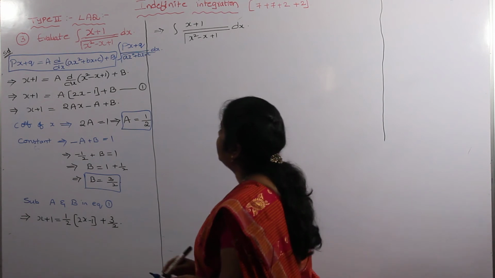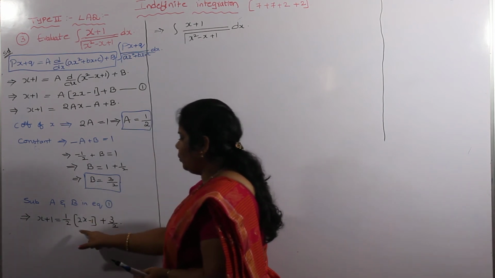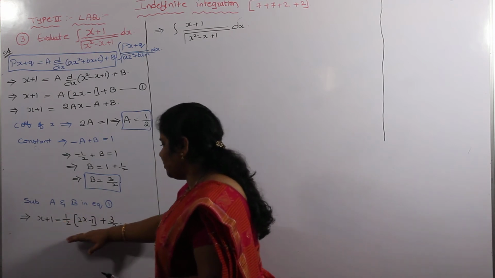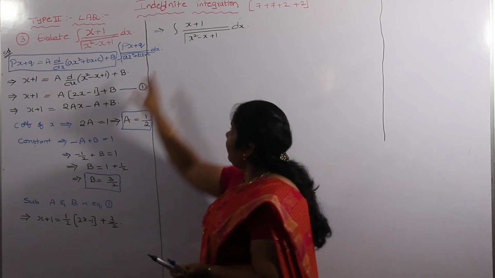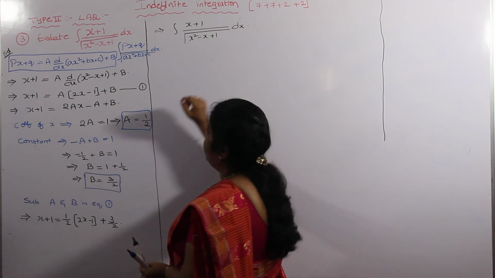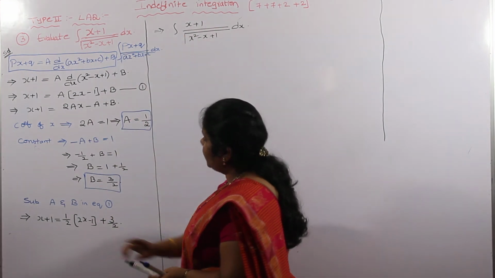Here x plus 1 is 1 by 2 of (2x minus 1) plus 3 by 2. In place of x plus 1 in the numerator, substitute this expression directly.